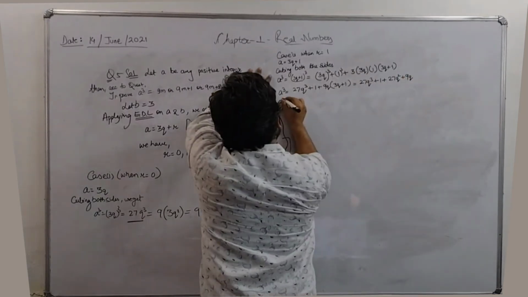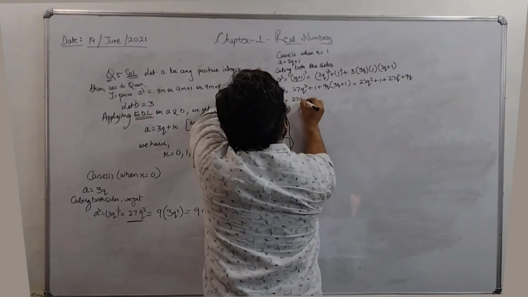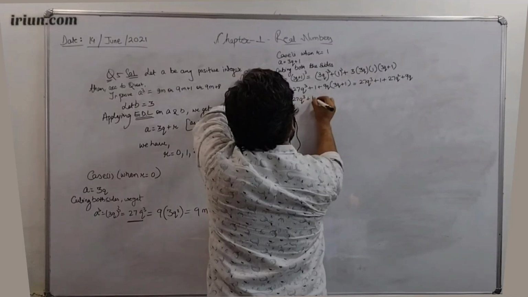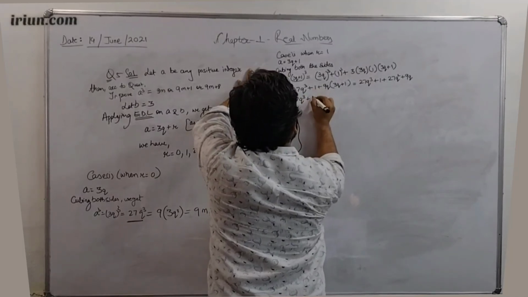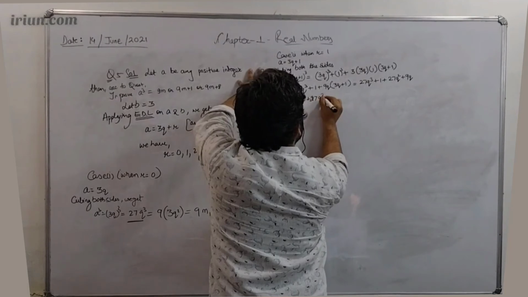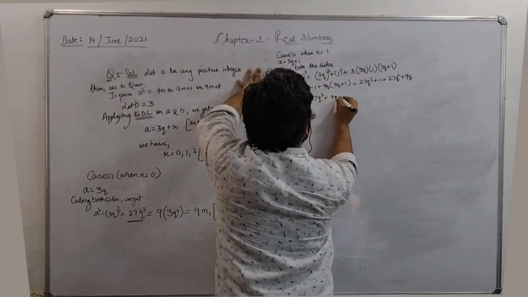We can write it down in a simpler format, 27q cube plus 27q square plus 9q plus 1.